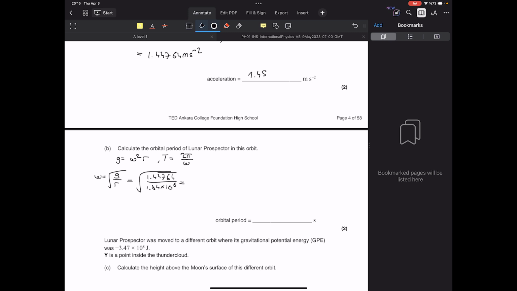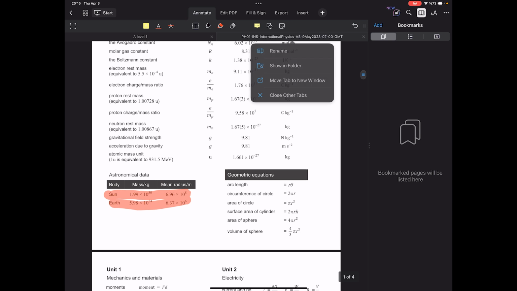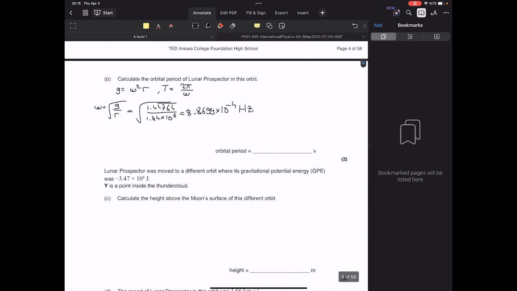That was 8.8699 something times 10 to the negative 4 radians per second. Radians per second is a more accurate unit for this, I guess.